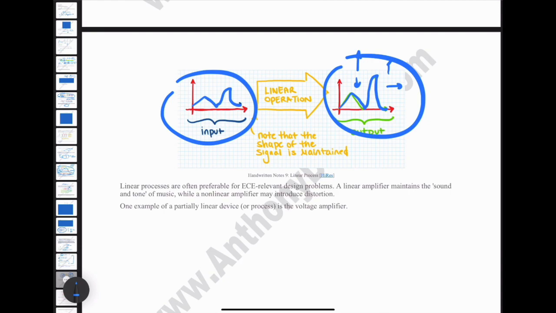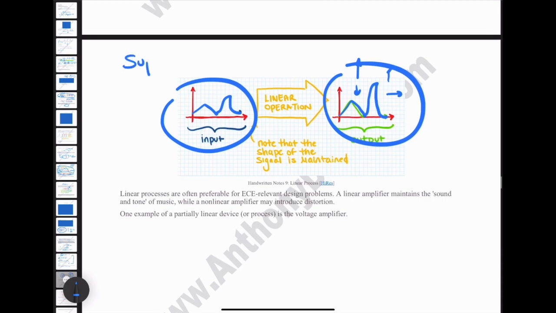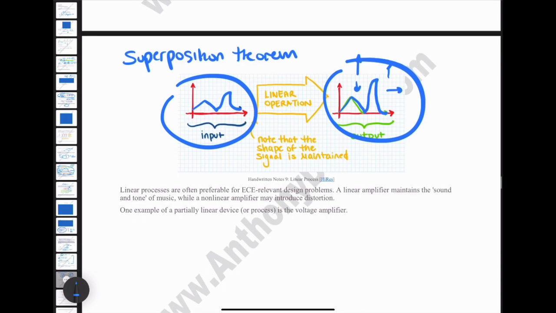Now, that's a rather heuristic, or let's say layman's description of linearity, and we can do better than that, right? Because the real definition of linearity is going to be based on the superposition theorem, which we're going to talk about in a second.